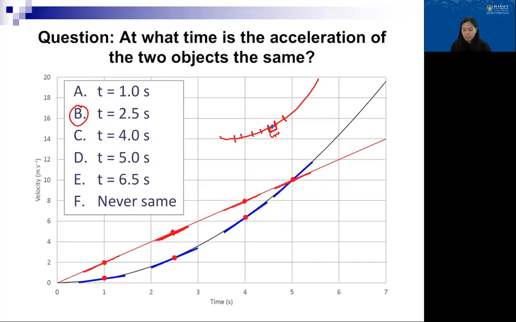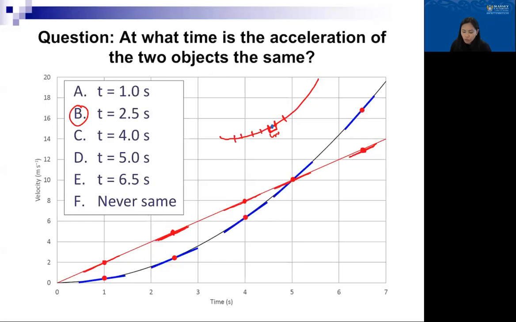So the steepness of those two tangent lines are different. The acceleration is different. And finally, also 6.5. Right. So it's only at 2.5 seconds where the steepness is similar, which means that the acceleration would be the same at 2.5 seconds. Right? Good. Is that sensible?